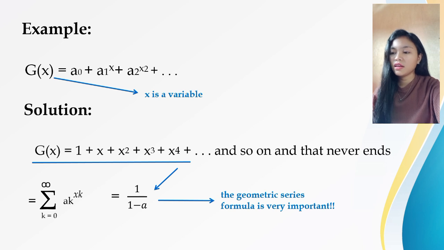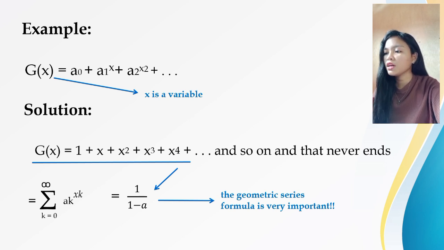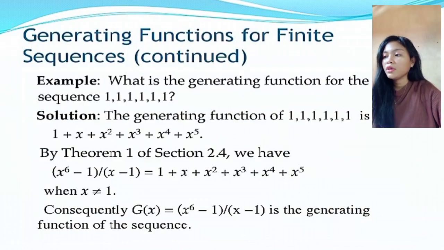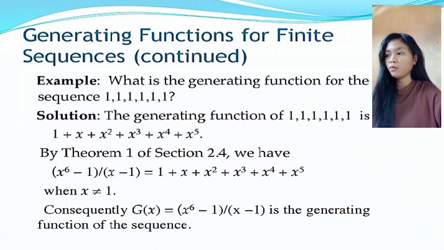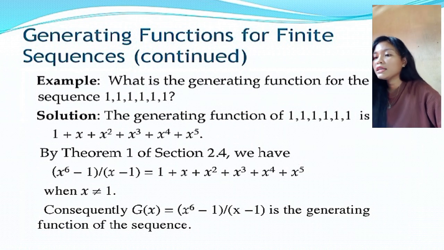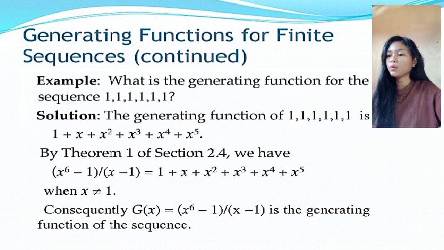As you can see, all this information is put into a small package like this, 1 over 1 minus x. Another example: what is the generating function for the sequence 1, 1, 1 and so on? The generating function is 1 plus x plus x squared plus x cubed and so on.